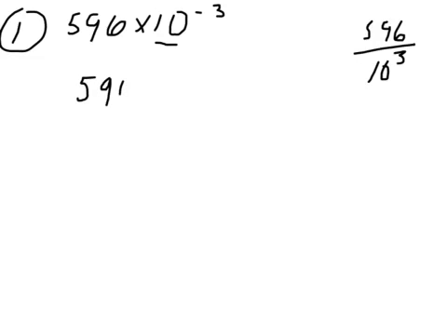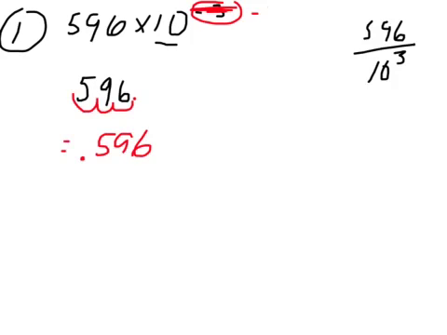And what that tells me to do is, where's my decimal point in 596? It's right here. And I'm supposed to move it 3 to the left, 1, 2, 3, so it ends up being 0.596. Oh, I'm sorry, I misread that. I'm just looking back at the book, and my eyes are getting old. That was supposed to be actually up here. This was a -2, wasn't it?